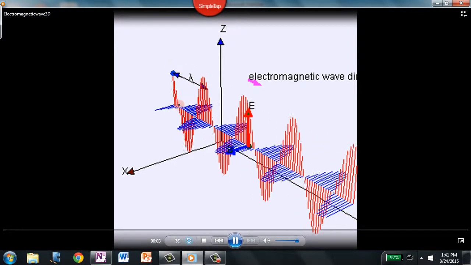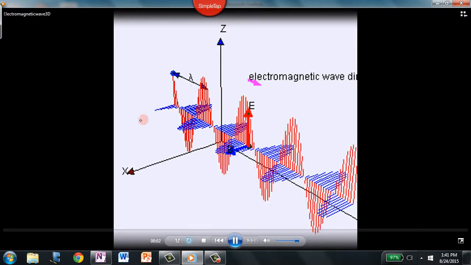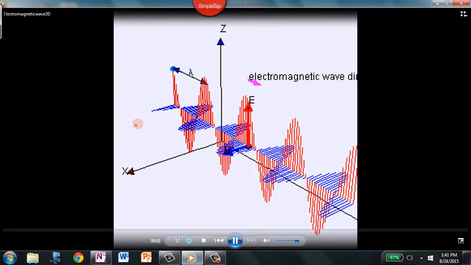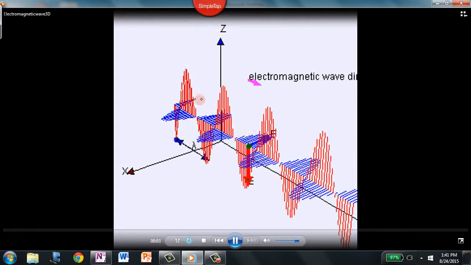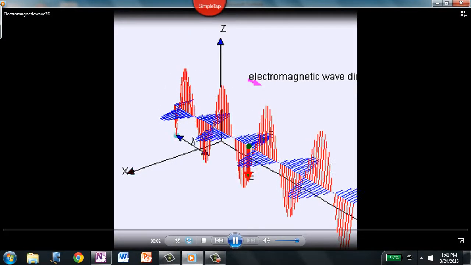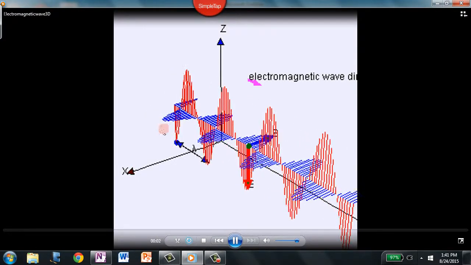At the same time that the electric field is going up and down, the magnetic field is going left, right, left, right. And the increase in peak is occurring at the same time in the electric field as it is in the magnetic field.